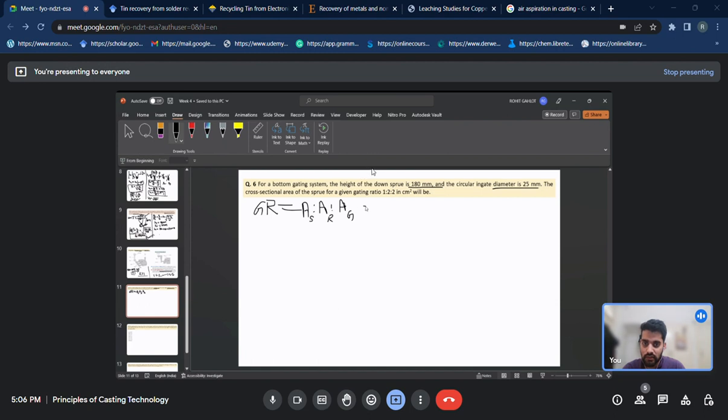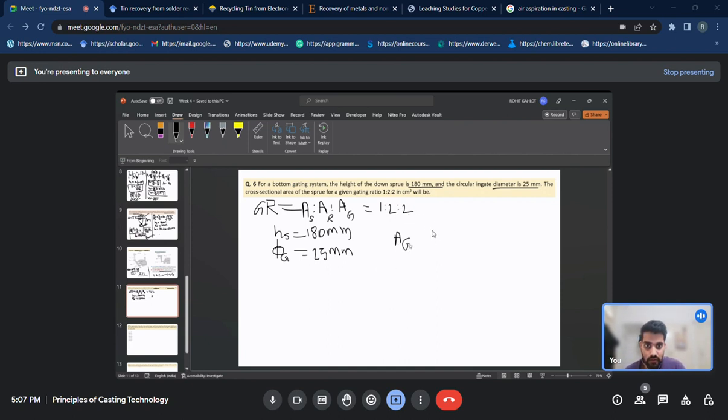The gating ratio is given as 1:2:2, the height of the down sprue is 180 mm, and the diameter of the gates is 25 mm. So gate area you can directly calculate as pi by 4 d square. Once you find the gate area, you can find the other areas easily, right? This is the simplest problem, I think.